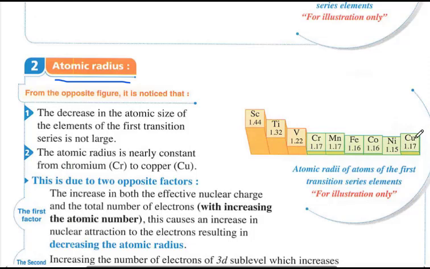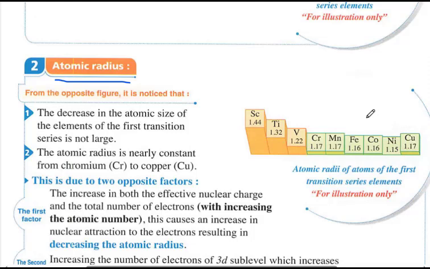Because of that, we can make a substitutional alloy from the transition elements. A substitutional alloy requires that the two elements participating in it have nearly the same volume. From chromium to copper, the atomic radius is the same.